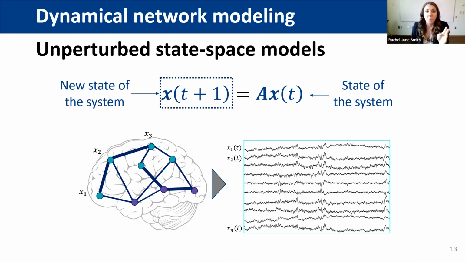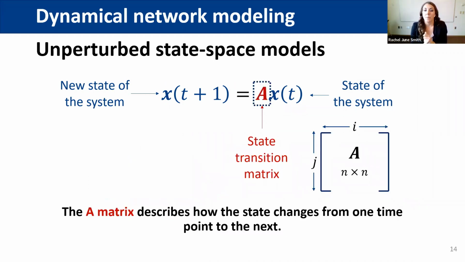And then X of t plus 1 is going to be the new state of the system, or the brain voltage at the next time point, right? And that's going to be modulated by what's called the state transition matrix, which is going to be estimated with a least squares estimation. The A matrix is an n by n matrix, and you can think of it almost as a functional connectivity matrix, right?